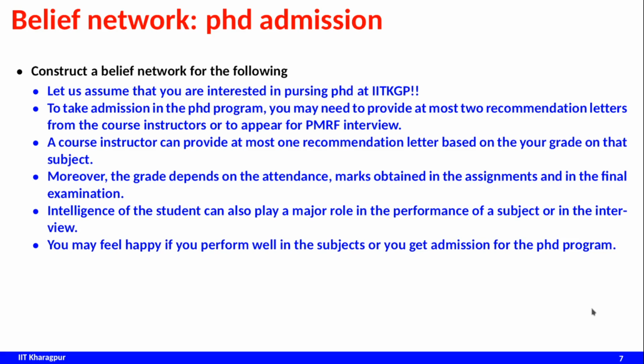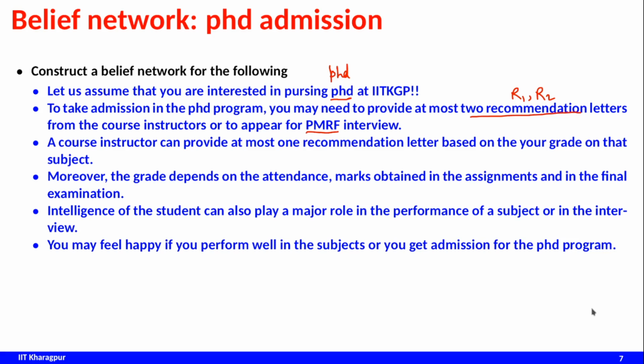So I will try to model simultaneously, or I will try to mark the variables as well. One variable is whether I'm interested in doing a PhD or not, and I need 2 recommendation letters. So let me call this R1 or 2, and let me call this PhD, and or I need to appear for the PMRF interview. So that is my another variable.